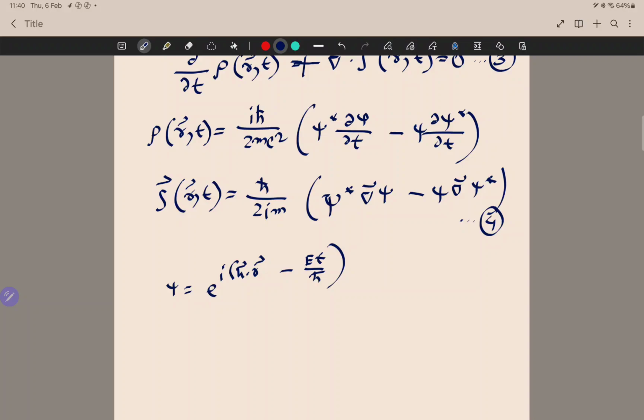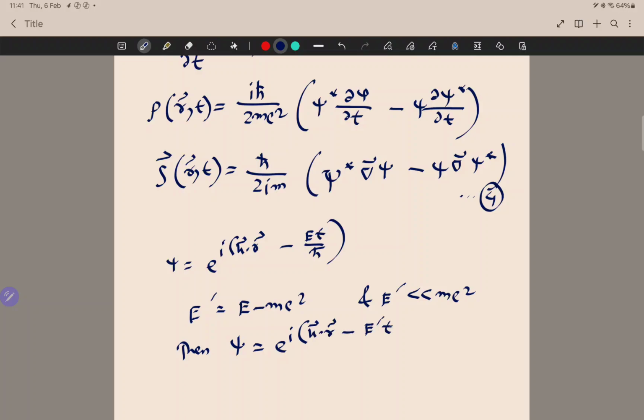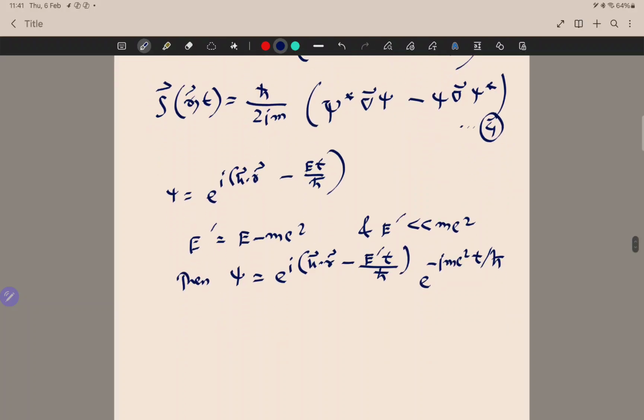From E we can subtract the rest energy of the particle mc square so that E prime equal to E minus mc square, and E prime is less than mc square. Then ψ equal to e to the power i(k dot r vector minus E prime t) divided by ħ and e to the power minus i mc square t divided by ħ, which can be written as φ of r t e to the power minus i mc square t divided by ħ.